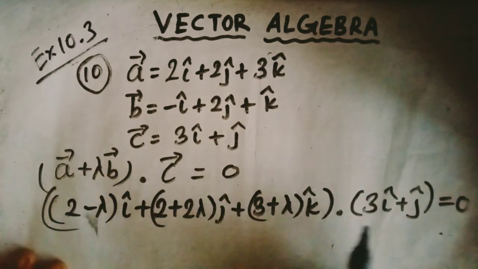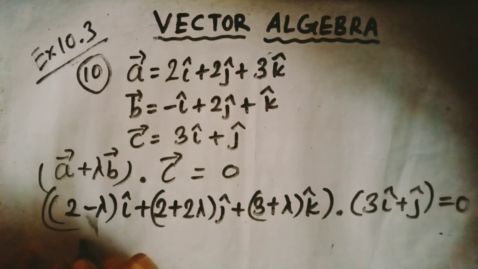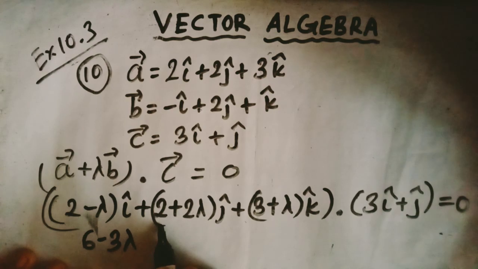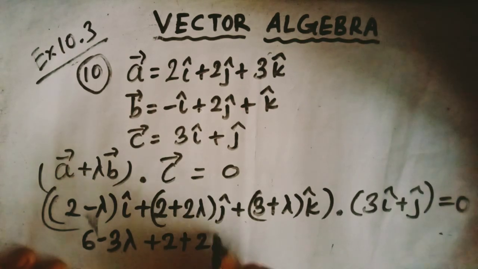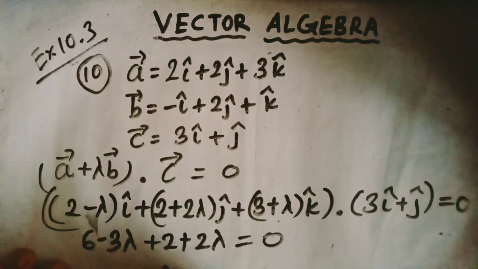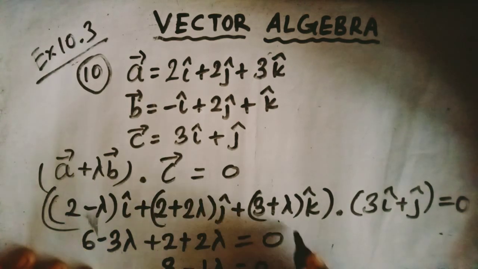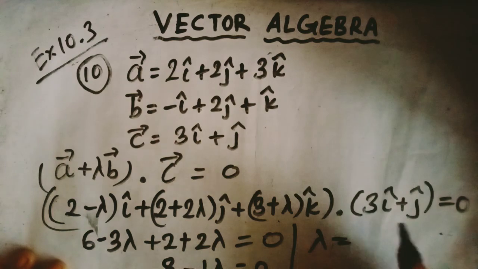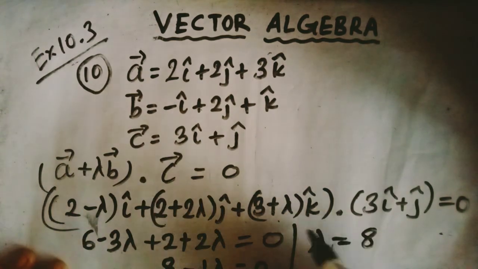So 2 minus lambda dot product with 3 will be 6 minus 3 lambda. This is j, right? So it will be 2 plus 2 lambda. This is not there, so equal to 0. So 6 plus 2, 8. This is minus 1 lambda. So your lambda is 8. Okay.